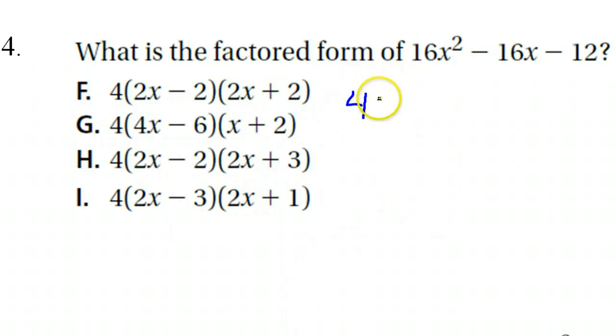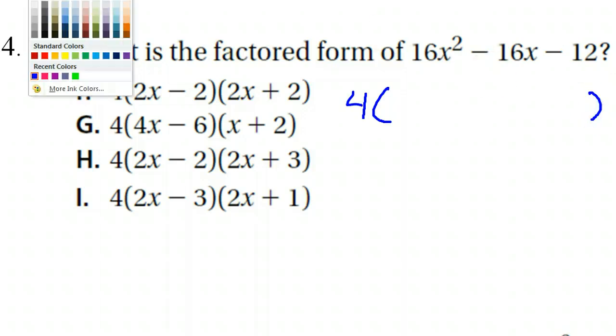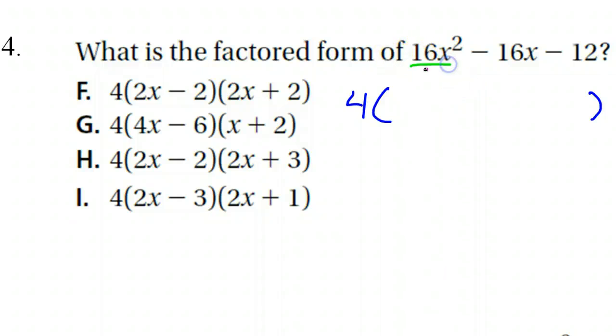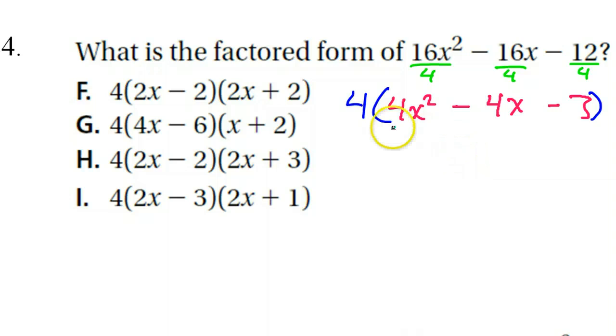Bringing out the 4. Now, to imagine what goes on the inside, please understand that we are dividing everything by 4, yes? So divide by 4, divide by 4. That is going to give me 4x squared minus 4x minus 3.